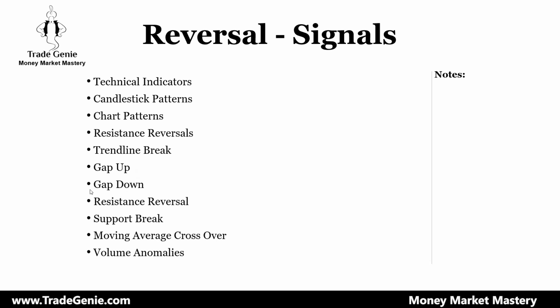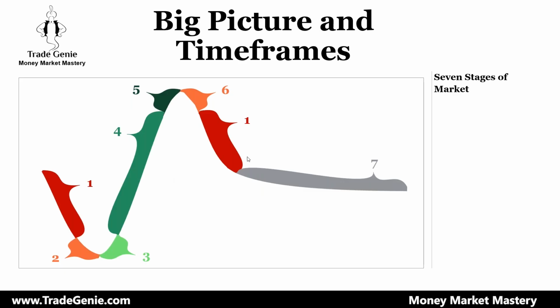So look at the Roku daily chart. On top, I think Roku did 5 and 6, and now it's gap down. So it could be the beginning of stage 1 once again for Roku. For me, Apple is doing 5 and 6 right now.